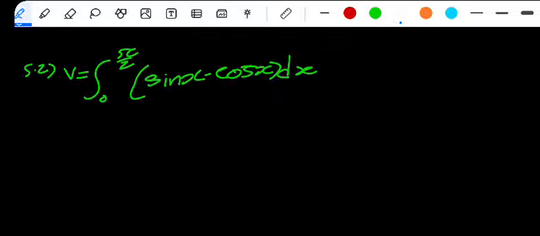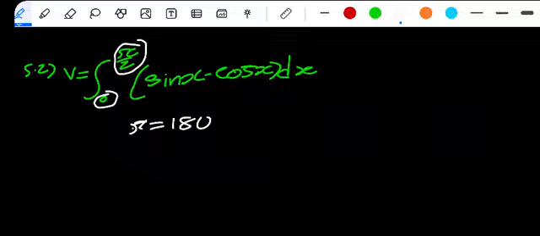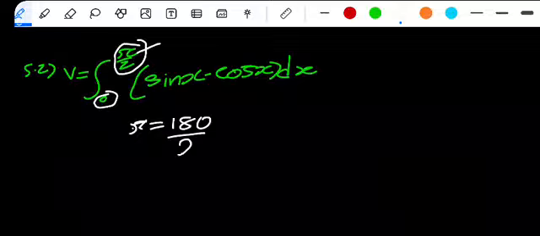All right, we have been given here our upper limit and the lower limit there. Are we together? I would advise you, remember pi, guys. Remember, pi is the same as 180 degrees. So this upper limit is the same as 180 degrees divided by 2.